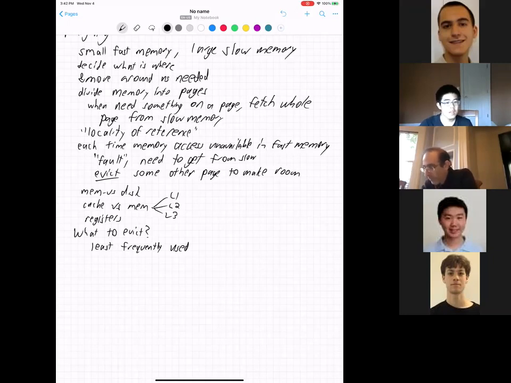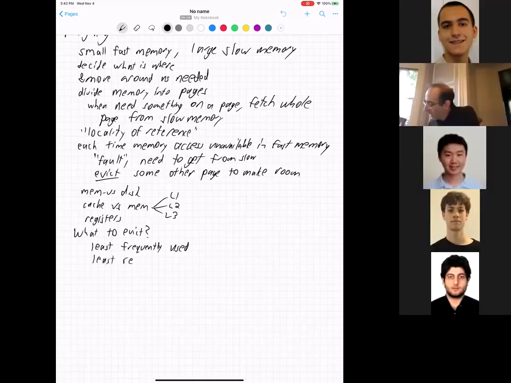Least recently used? Yeah, so this is something that computer scientists often look at, right? So we can keep track of when we accessed each page, and we could evict the one that has been accessed the least recently, the oldest page. Any other thoughts?